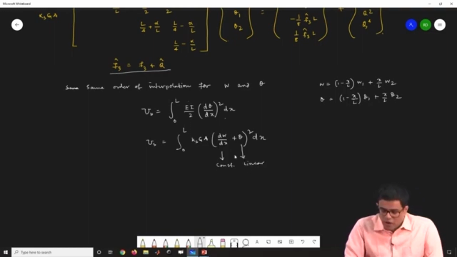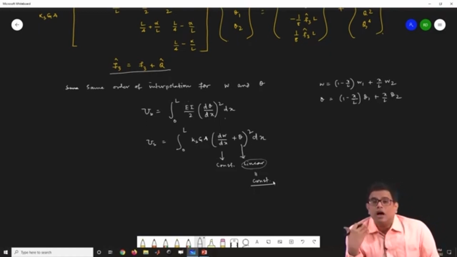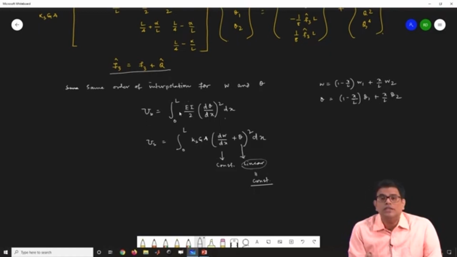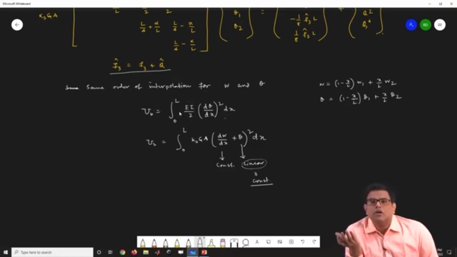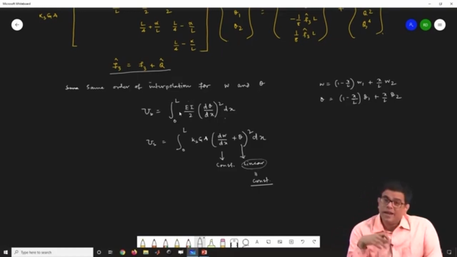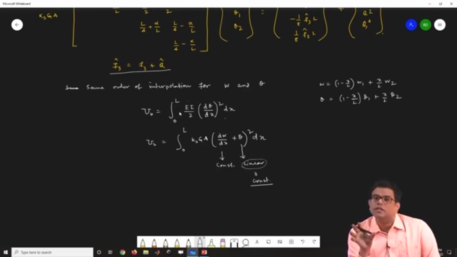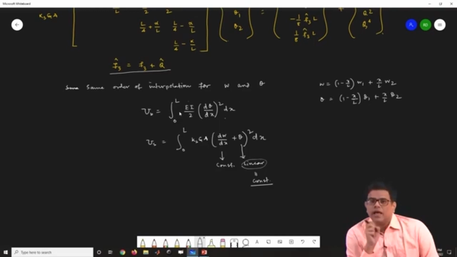While evaluating this strain energy, or its contribution to the stiffness matrix, instead of linear I will use a constant term. Essentially I will integrate this quantity with a lesser order of polynomial, but in my bending energy I will fully integrate. That is the technique called reduced integration.